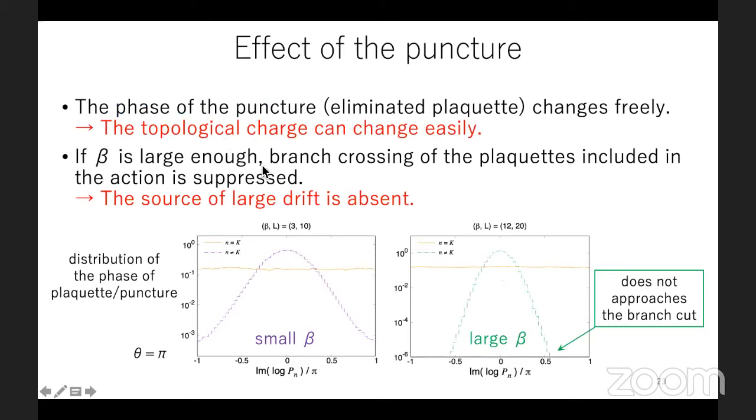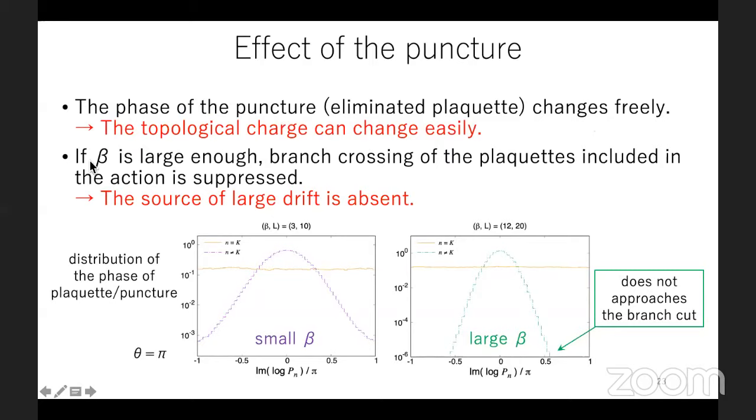Okay, let me explain why the punctured model is better than the original model. The phase of the puncture changes freely, because this degree of freedom is eliminated from the action. It means that the topological charge can change easily via this degree of freedom.